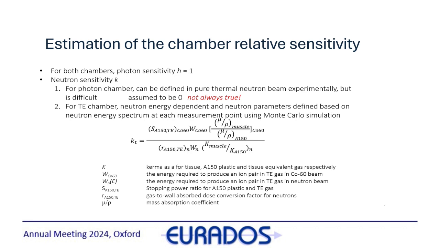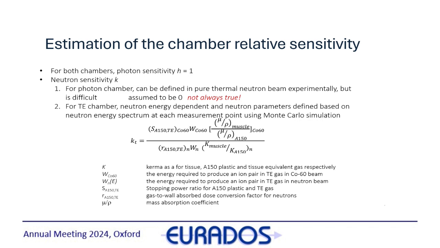Because it's the relative sensitivity of that chamber to photons in cobalt-60 beam and neutrons in neutron beam, it needs to be simulated. Actually, this cobalt-60 part of the equation is just constant, so that doesn't need to be simulated.